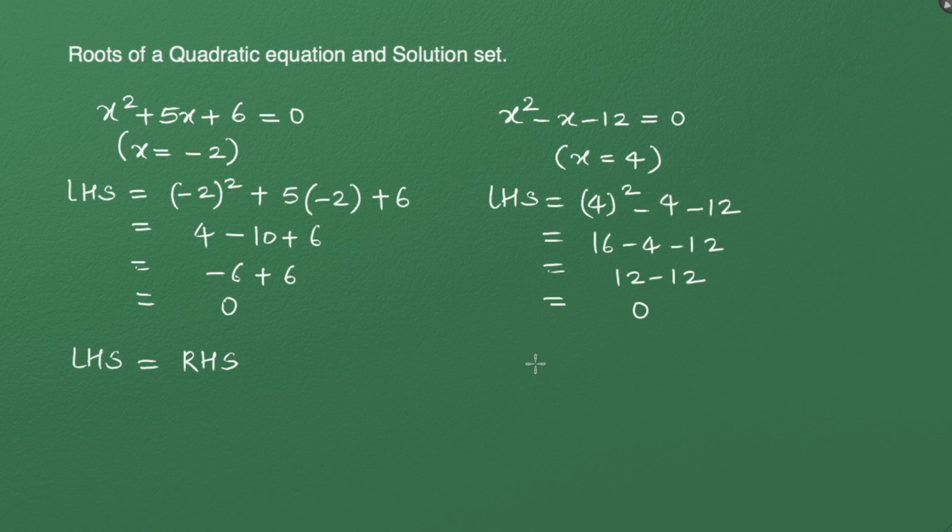So again here left hand side equals right hand side. So this means x equal to 4 is a root of the given equation.